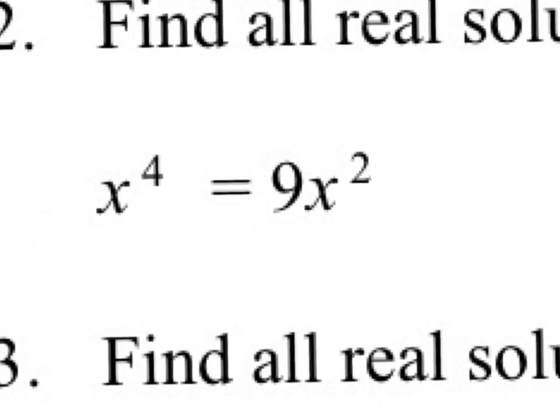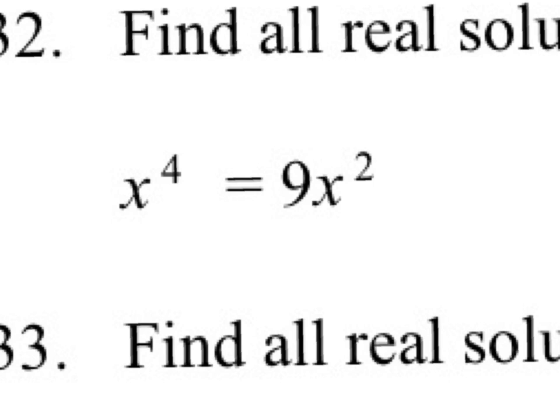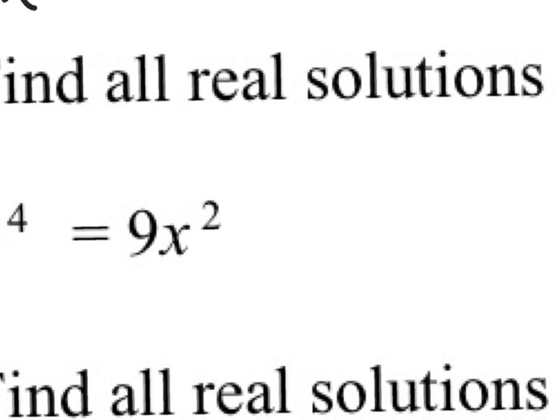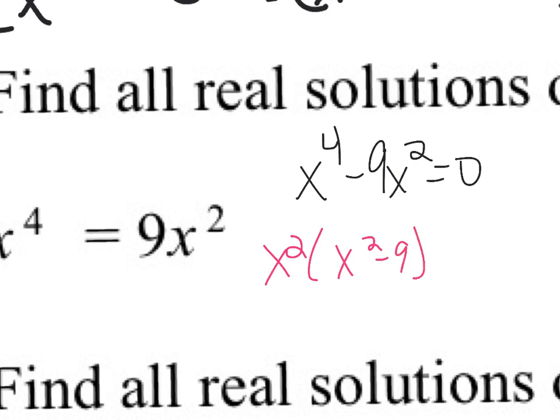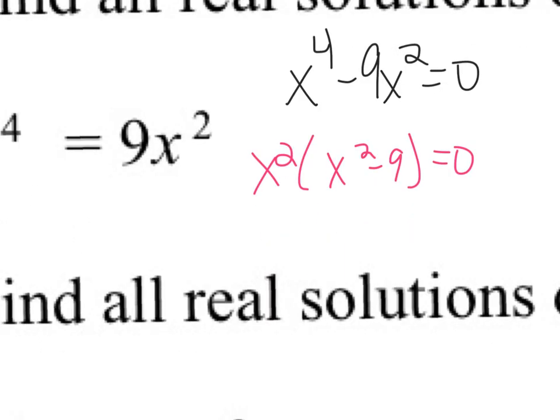All right, if I have x to the 4th minus 9x squared, I need to move everything where first? To the same side, to the left. So x to the 4th minus 9x squared equals 0. Look for the GCF. What do they all have in common? X squared. I'm left with x squared minus 9. All right, we're in business. Can I factor x squared minus 9 more?